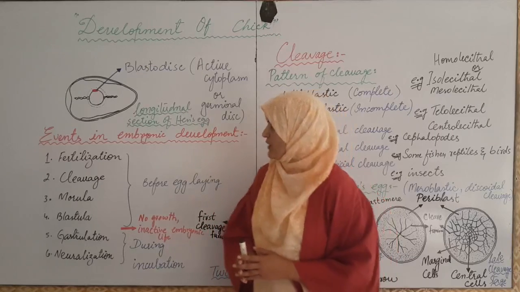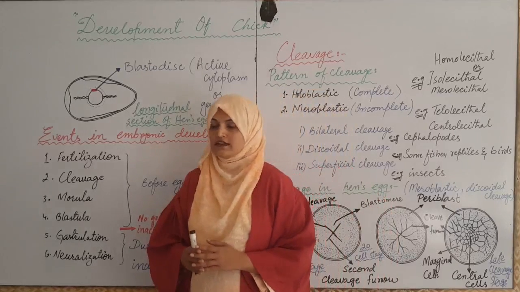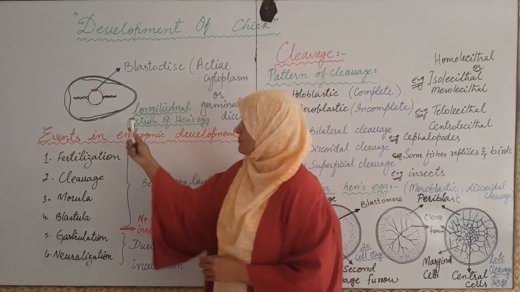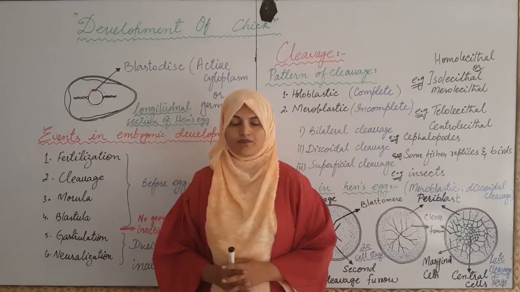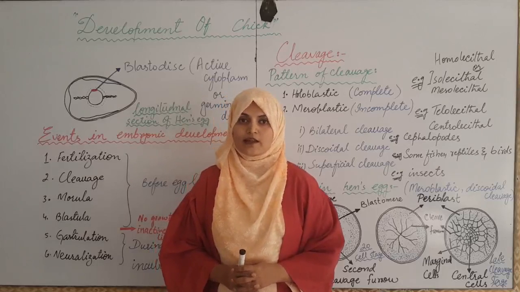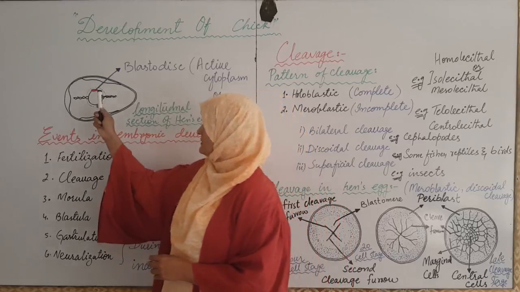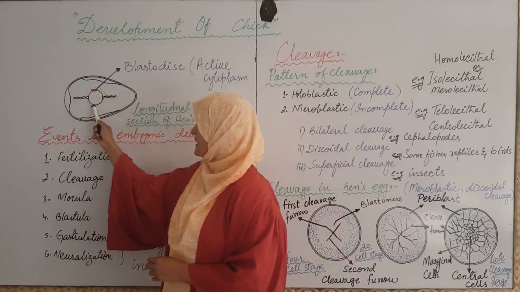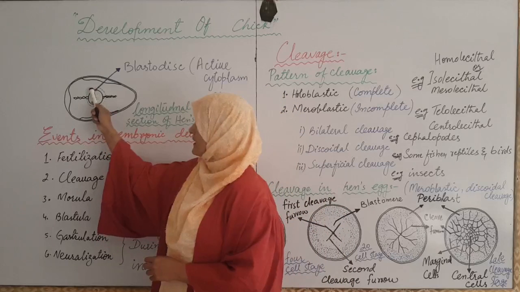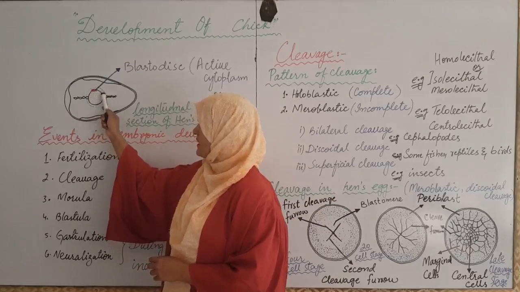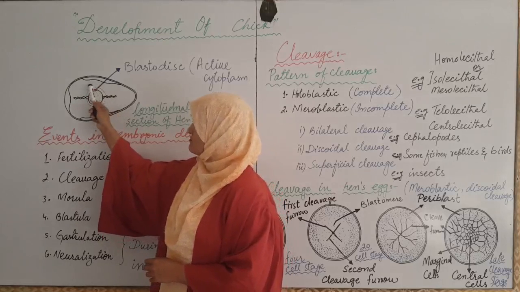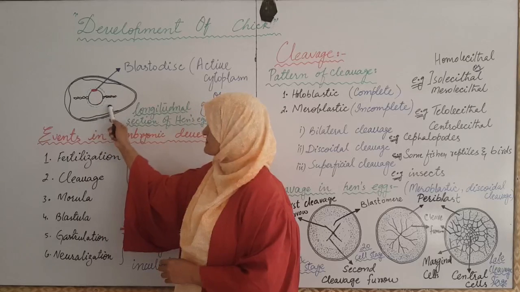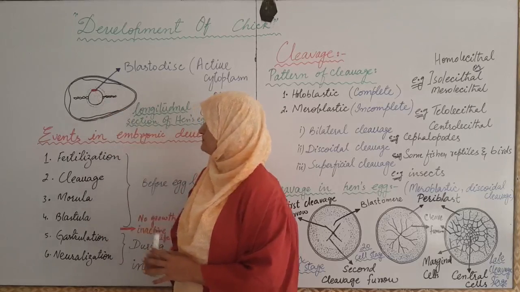This mature ovum is later surrounded by the proteinous material, which is termed as albumin. This albumin surrounds the egg outside the vitelline membrane.